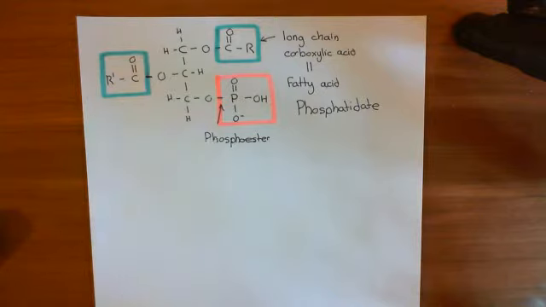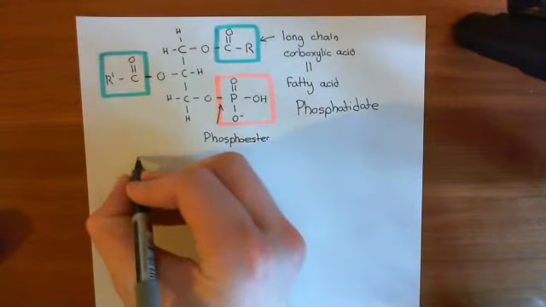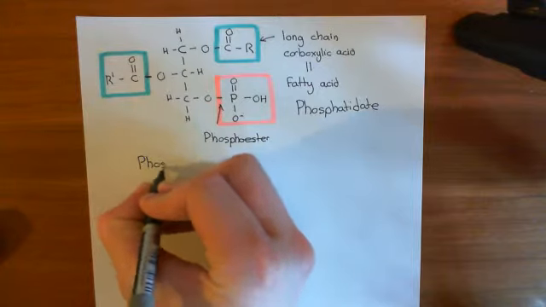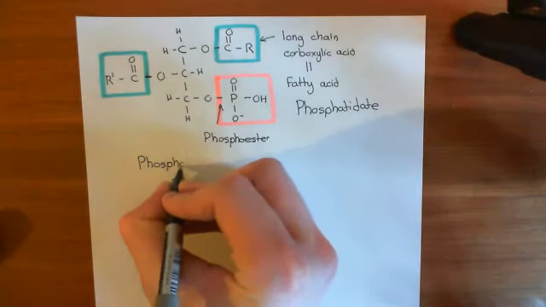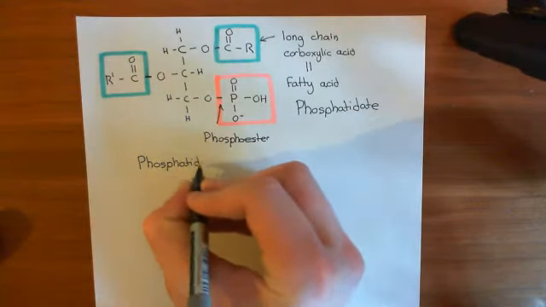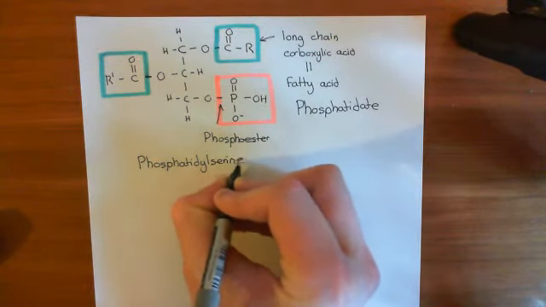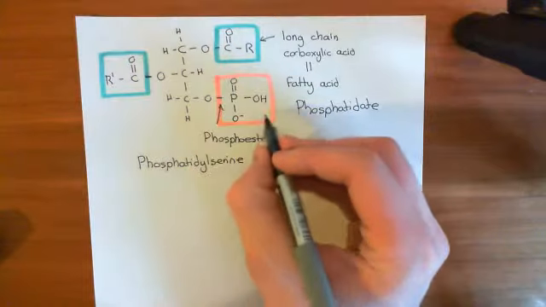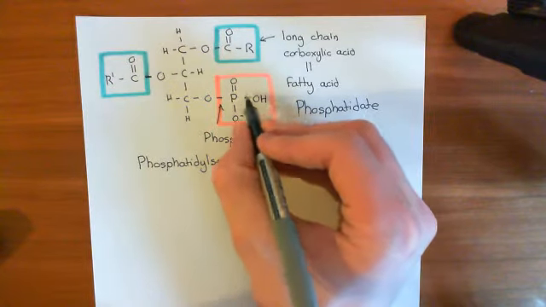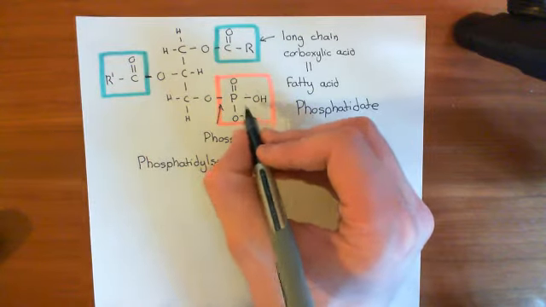Now, how do we modify this molecule to create phosphatidylserine? So we're trying to find out what phosphatidylserine is. Well, basically what we do is we bind a serine amino acid to this phosphate group here, and specifically to this free hydroxyl group of the phosphate group.